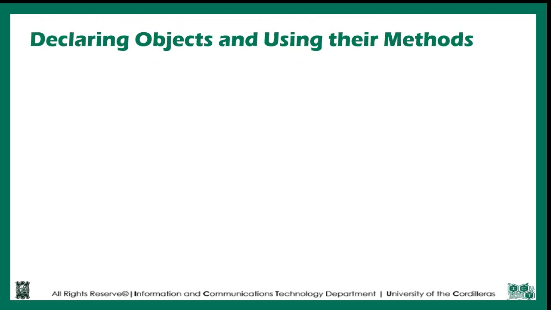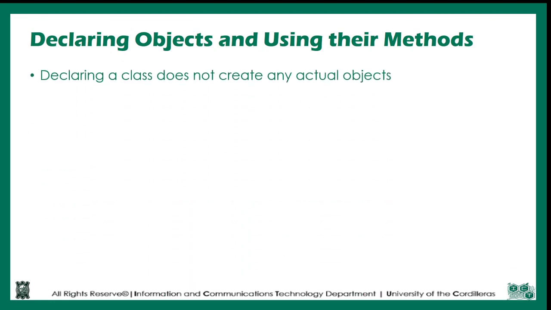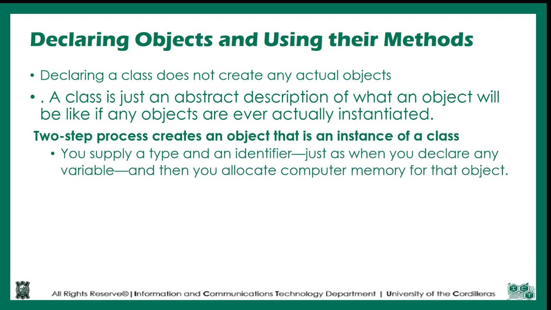Now, declaring objects and using their methods. Declaring a class doesn't create any actual objects. A class is just an abstract description of an object. It will be like that until any objects are actually instantiated. There are two different processes that create an object, an instance of a class.